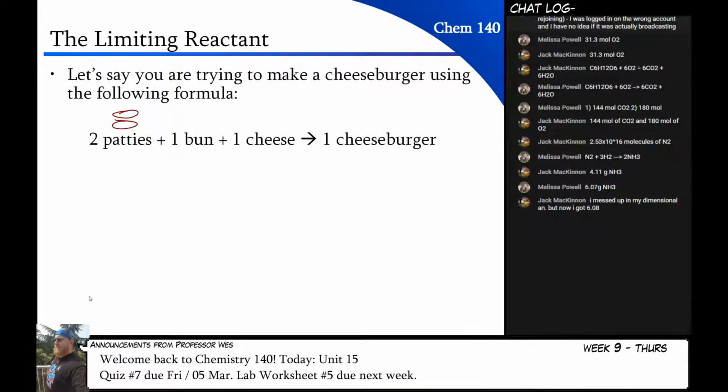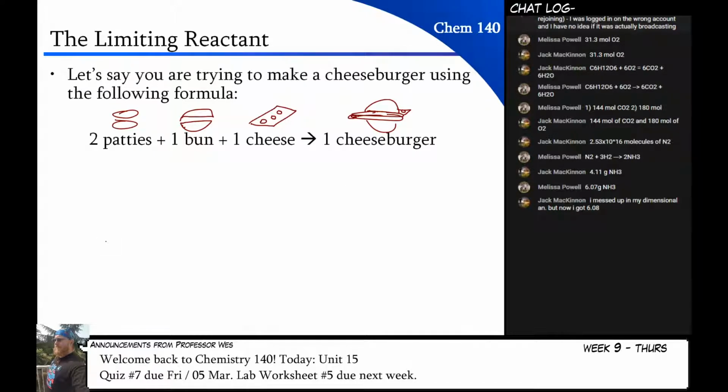Every reaction requires a bun. And then I have to have cheese. And that will get me my cheeseburger. That looks terrible. I'm not an artist, but you get the point, right?